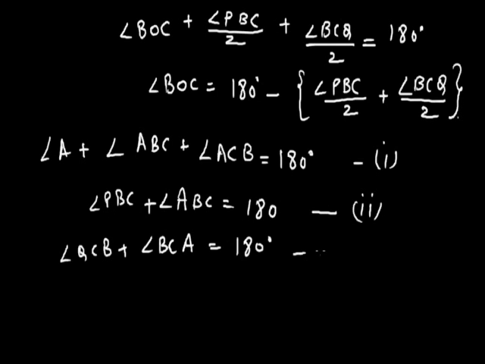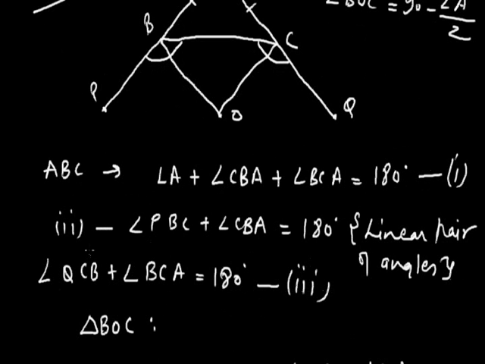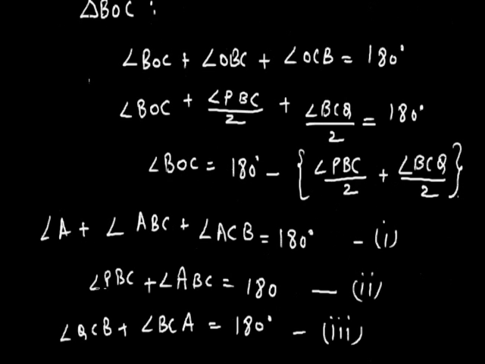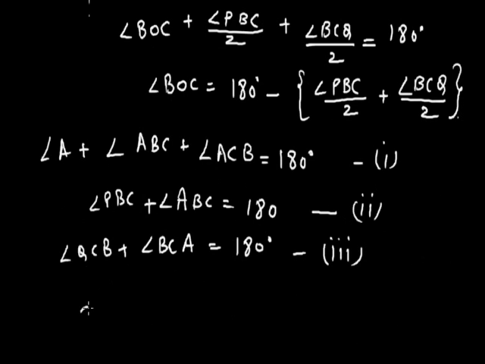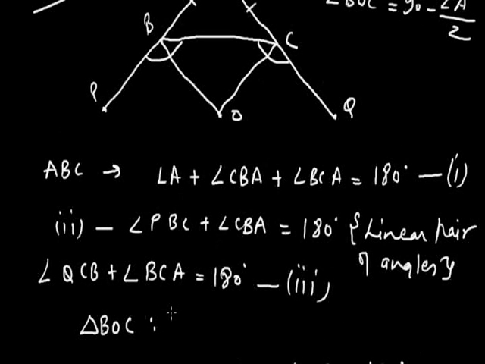Now from the second equation, I can write angle PBC as twice of angle OBC, because the line segment OB is the bisector of the exterior angle B. That means it divides the exterior angle B into two equal parts, the parts being OBC and OBP.